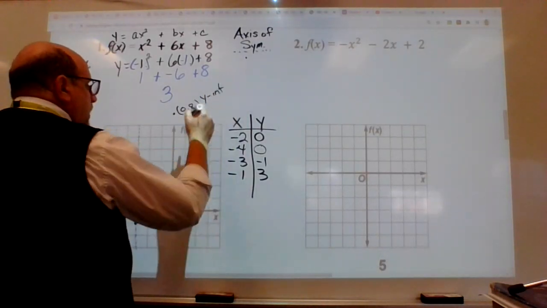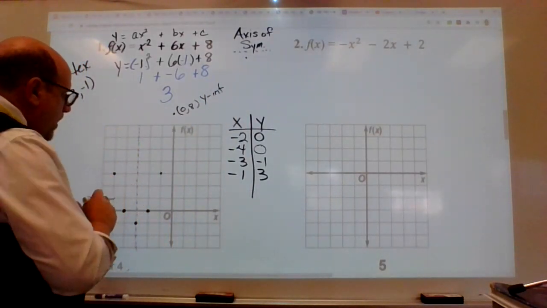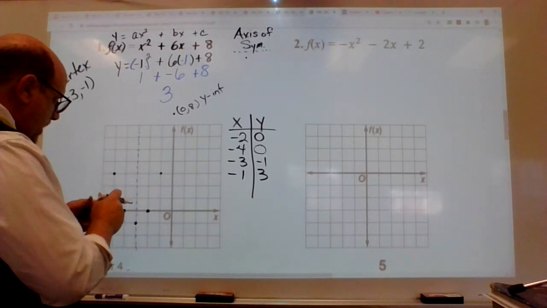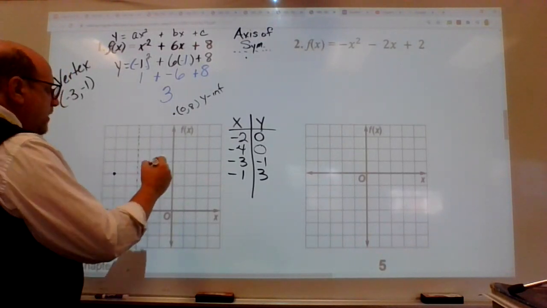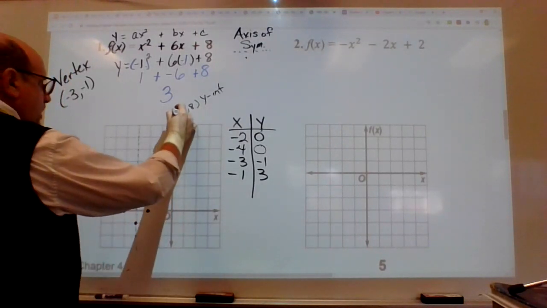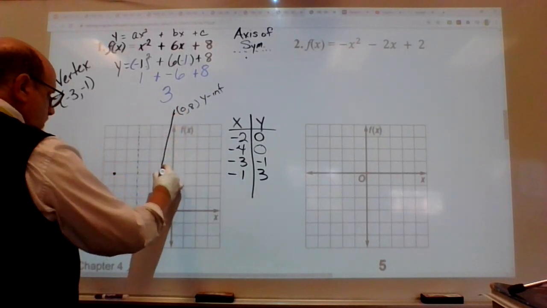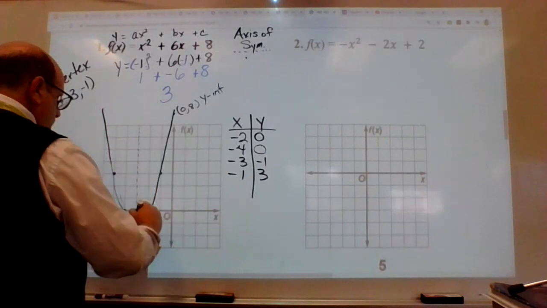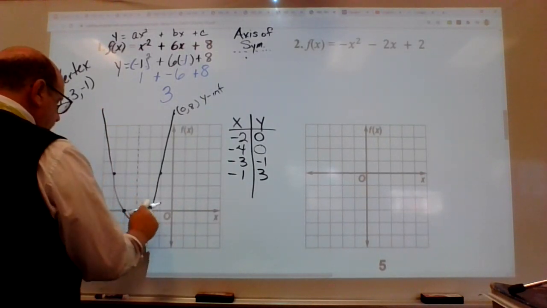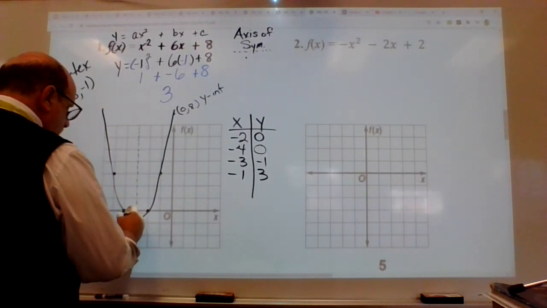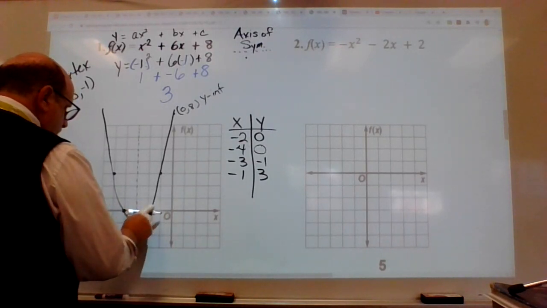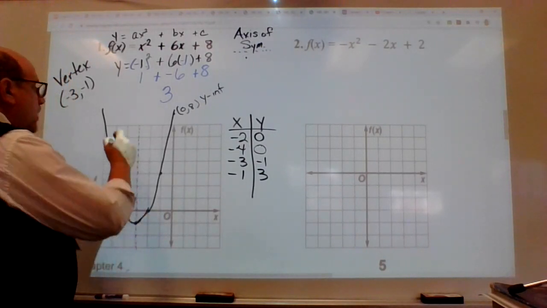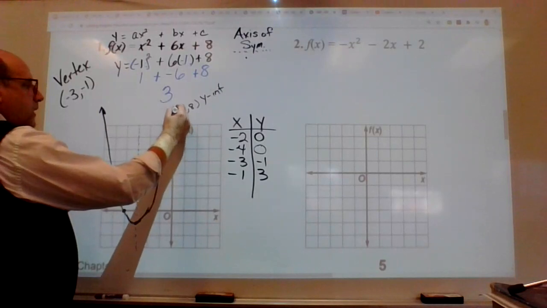And now we have enough points that we can go ahead and graph this guy, trying as hard as we can to just curve it around and make it look like something. Right? Is it perfect? No. But it gives you a good idea of what this parabola looks like.